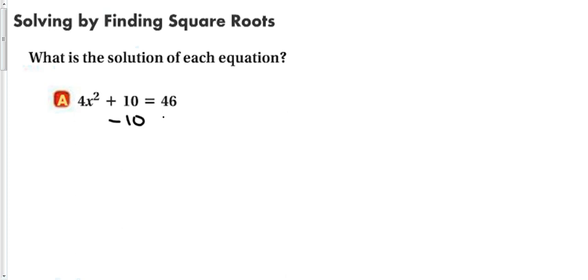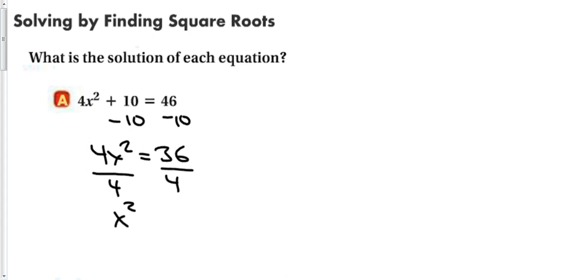So to do this, I subtract 10 from both sides, get 4x squared is going to be equal to 36. Divide both sides by 4, and we would get x squared is going to be equal to 9. So taking the square root of both sides and remembering that I need a positive and negative answer. So my answers become plus or minus 3.